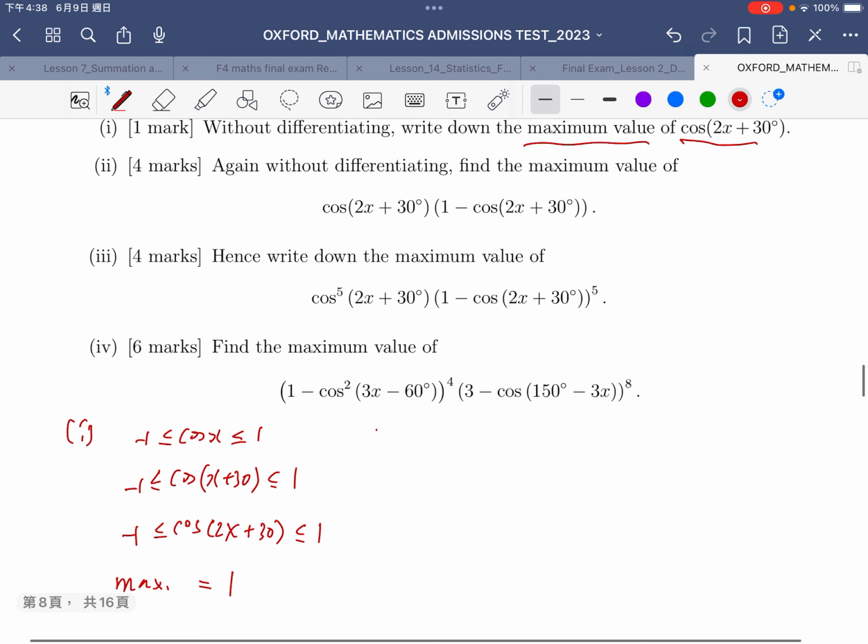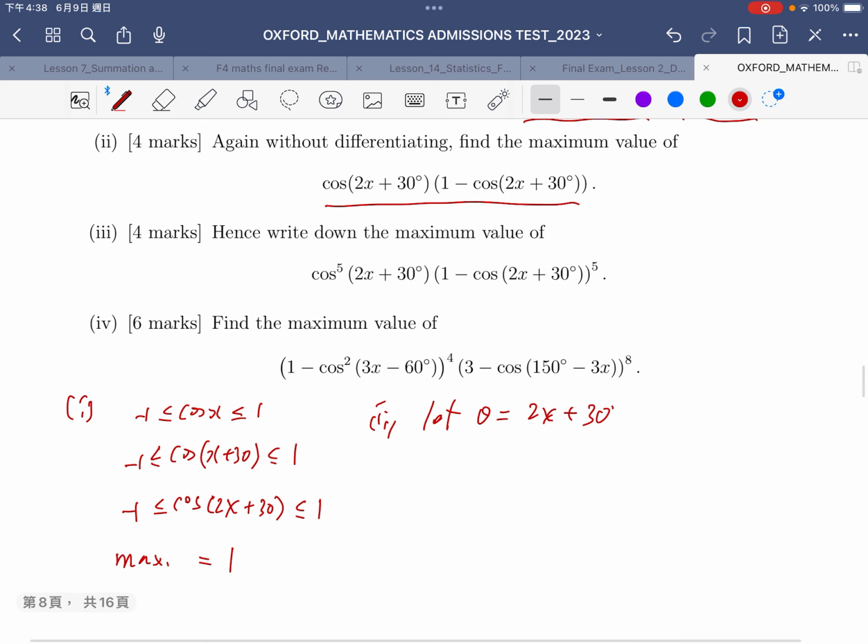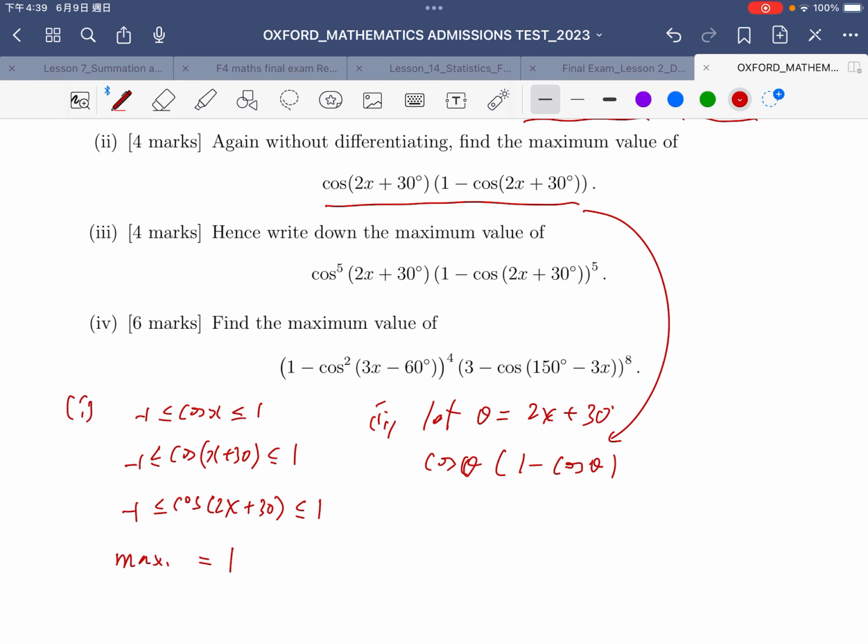For the second question, find the maximum and minimum of this function. I first let theta equal 2x plus 30 degrees, and then this can be written as cosine theta times (1 minus cosine theta).